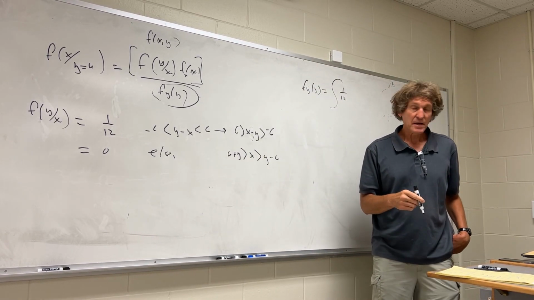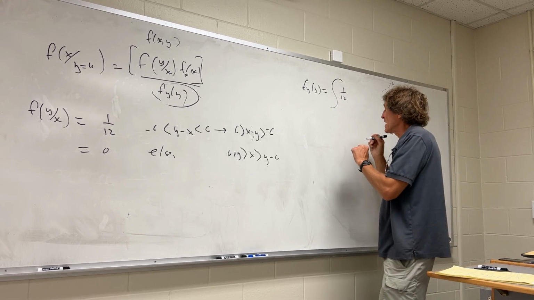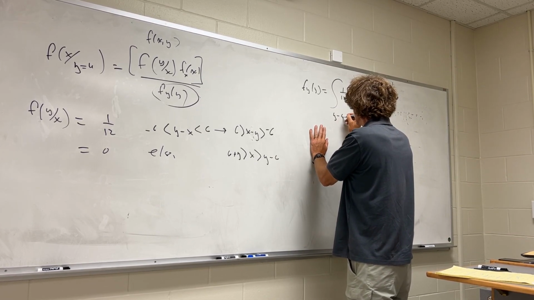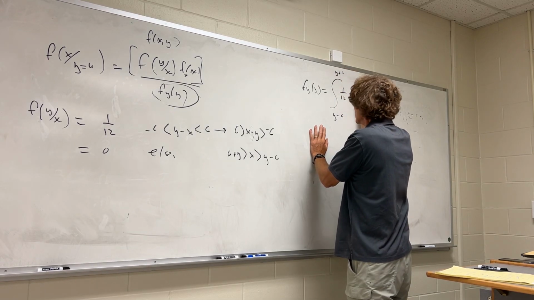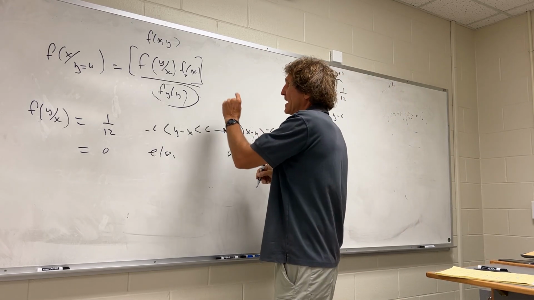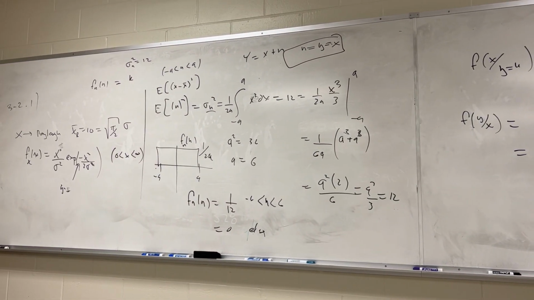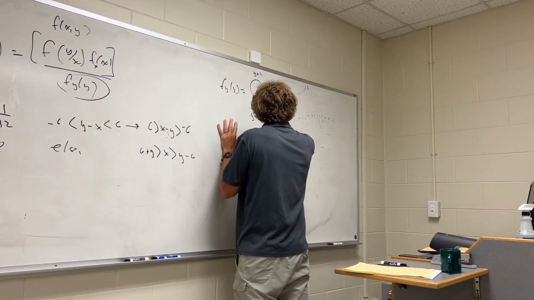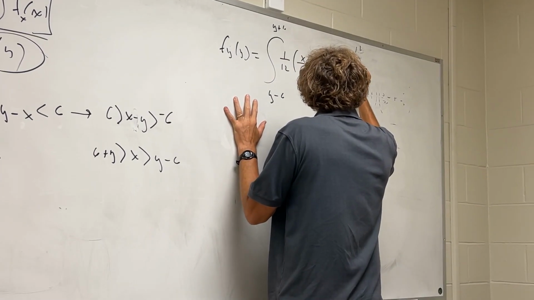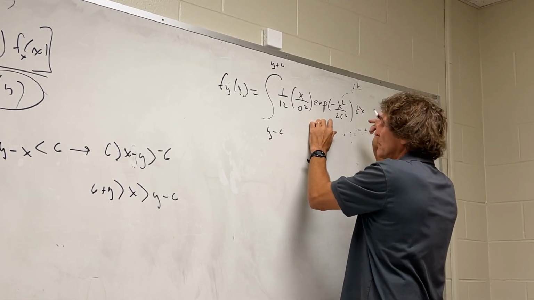Follow me? The integration is going to be here with respect to x. So I have that, and my limits go from y minus 6 to y plus 6, and then I put in the density function for f of x, and that's that one, so I put in x over sigma squared, times exp to the minus x squared over 2 sigma squared, dx, and that will be f of y.